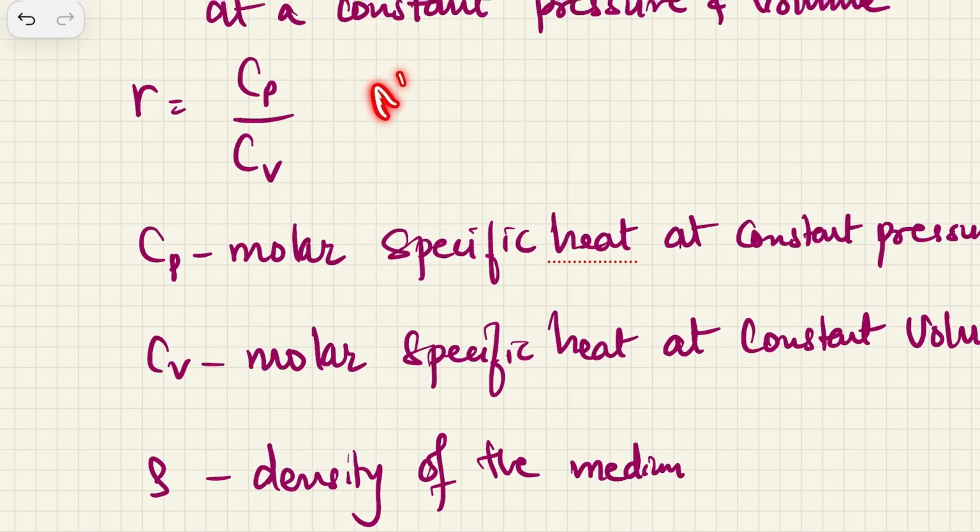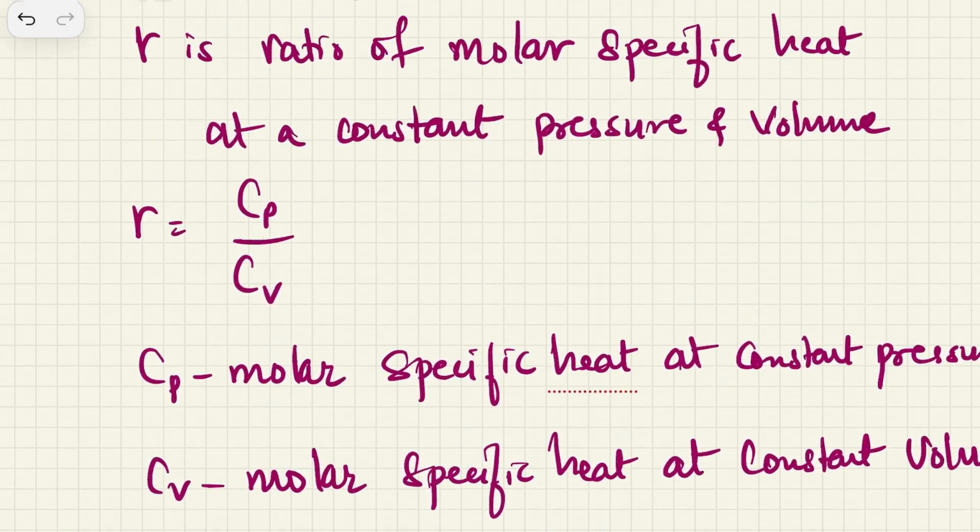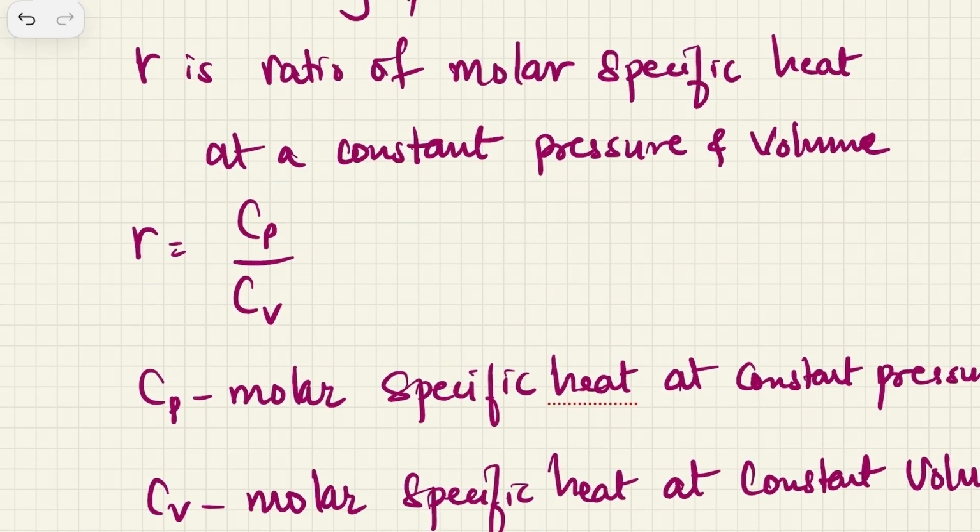If the gas, the medium where the sound is traveling, is monoatomic, then gamma has a fixed number. If it is a diatomic gas, we have a specific value of gamma, and if it is a polyatomic gas, we have a specific value for that. Right now you just have to remember it's the ratio of specific heats. When we do thermal physics, we'll come to this part in detail.